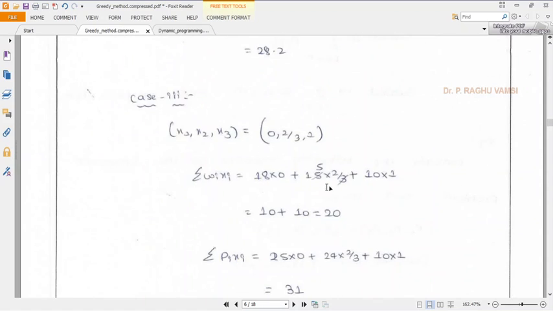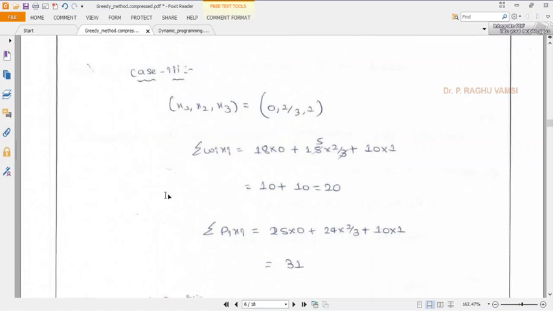So in the third case, I made the first item 0, and the next ones 2 by 3 and 1. Then you calculate the corresponding weights. So 18 into 0 is 0, 15 into 2 by 3 is 10, and 10 into 1 is 10. So you get the weight Wixi less than or equal to m, which is equal to 20.